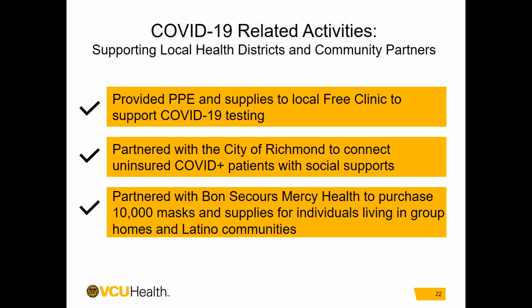And then we've partnered with Bon Secours Mercy to purchase over 10,000 masks and supplies such as hand sanitizers and gloves to provide to individuals who were living in group homes and in our Latino and Hispanic communities. This is how we are adding rungs to the ladders to try and go back and address some of those core factors that we know are drivers for health disparities.